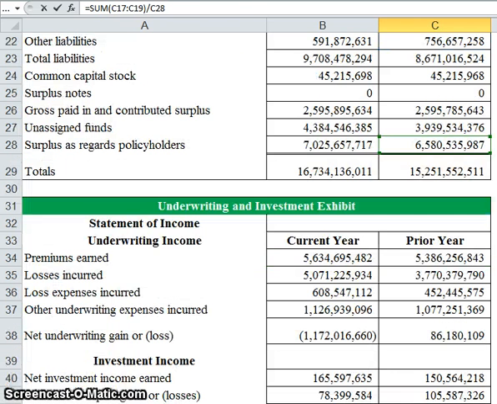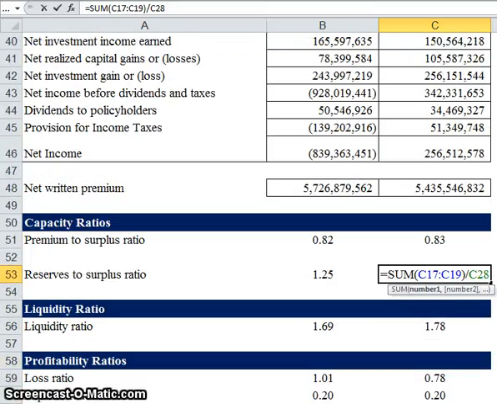This ratio indicates Barnley's capacity because it shows the dollar amount of reserves that must be supported by each dollar of surplus. The higher an insurer's reserves to surplus ratio, the more impact a relatively small reserve underestimation error would have in reducing its surplus in the future after such errors are discovered.